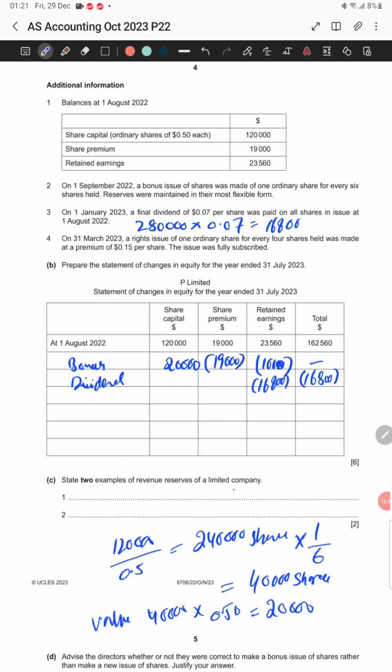Next transaction is on 31st March 2023, a rights issue of one ordinary share for every 4 shares held was made. One new share for 4 held.